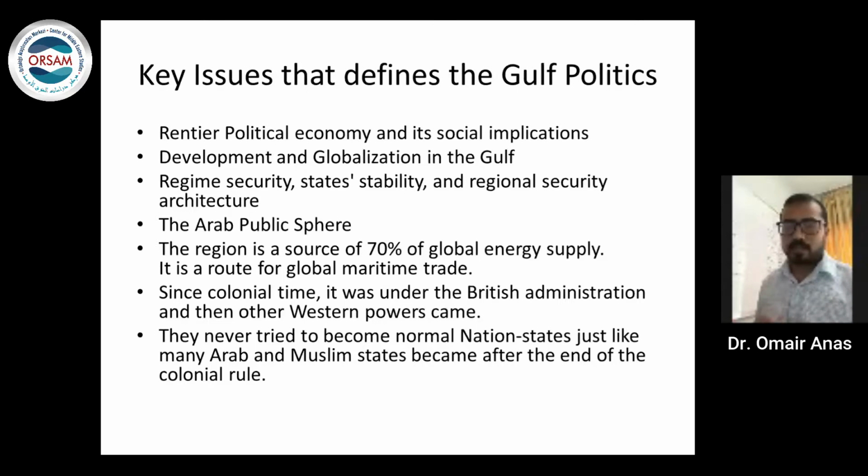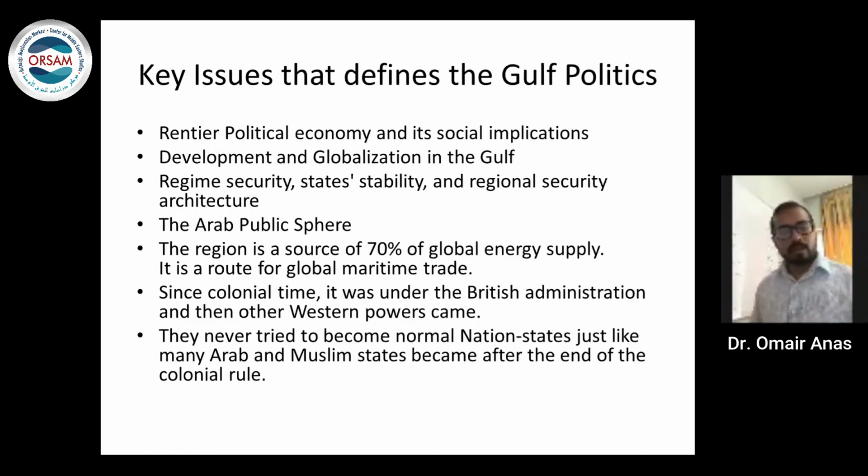In Qatar, more than 75 to 80% of income comes from gas. Similarly, Iran, Iraq, Saudi Arabia, and the Emirates. They are hugely dependent on the rent of these energy supplies. That is why they are called rentier economies, because they are dependent on one source of income and do not have other sources of income.